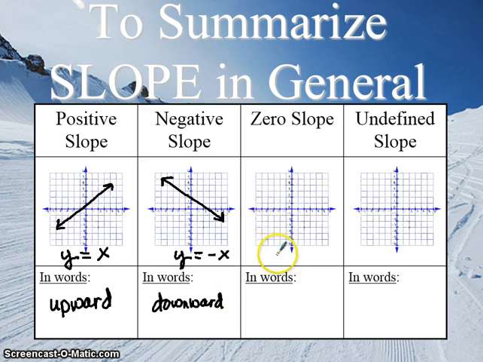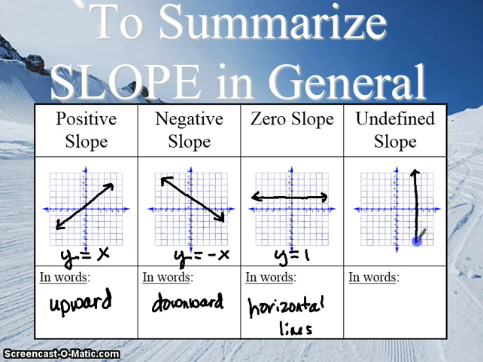Zero slopes are variations of y equals 1. They are linear functions that are represented by horizontal lines. And last, we have undefined slopes. This line here does have a constant rate of change, but it does not have a slope because it's not a linear function.